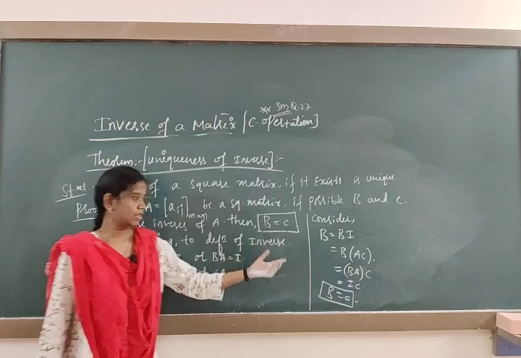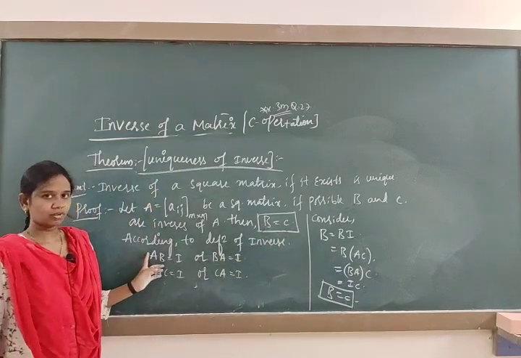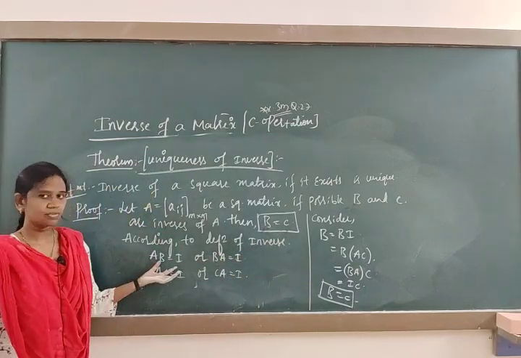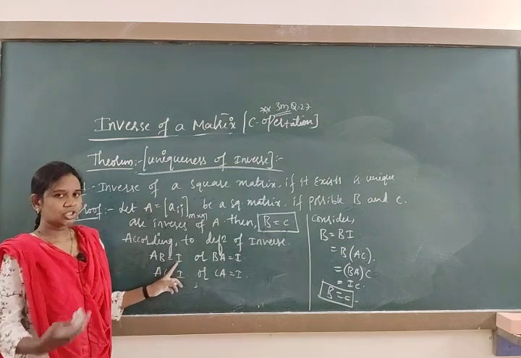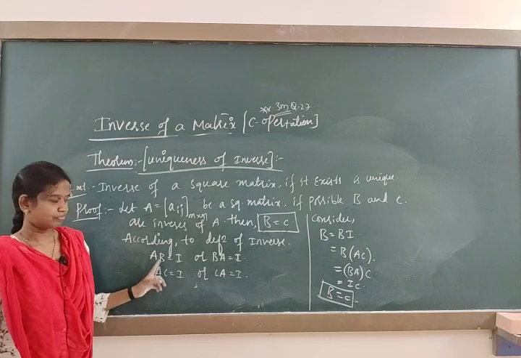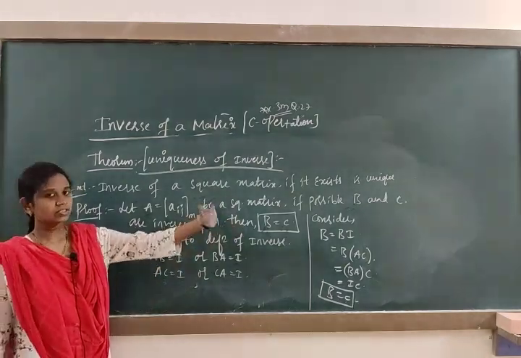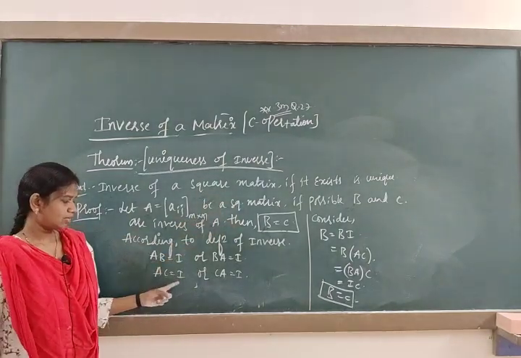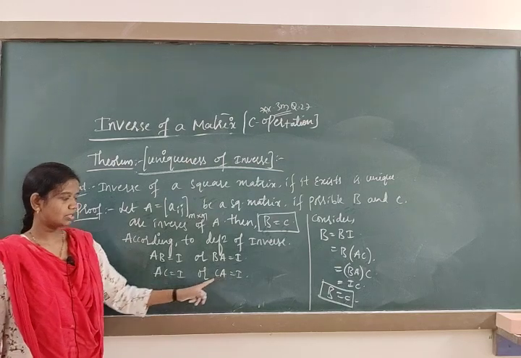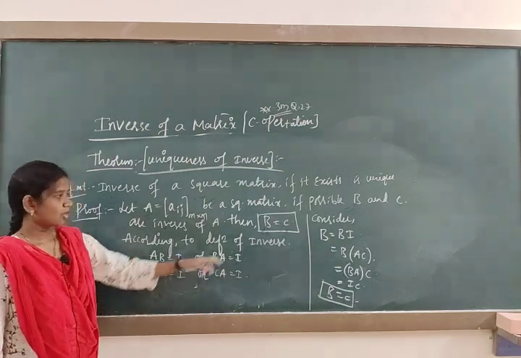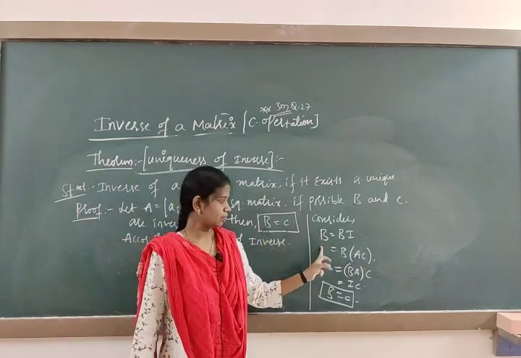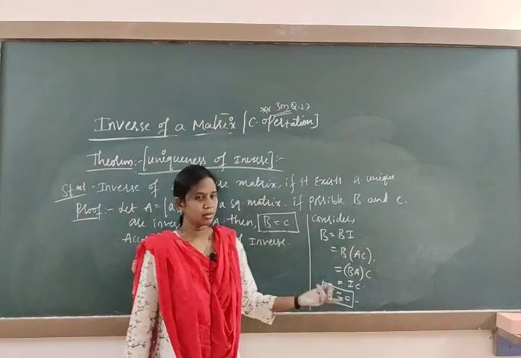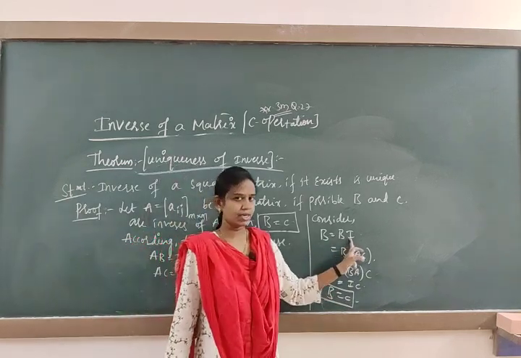B equal to C. Now, according to the definition of inverse from the last class, what was the definition? A into A inverse is equal to I. Instead of A inverse I have written B. Similarly C is also one of the inverses. A into A inverse equal to I, or else you can interchange. Now you have to show this. This is your left hand side. Write B. B can be written as B into 1, but in matrices 1 means identity matrix.